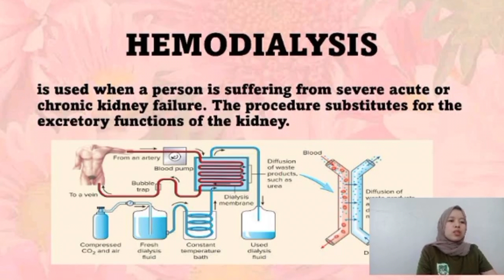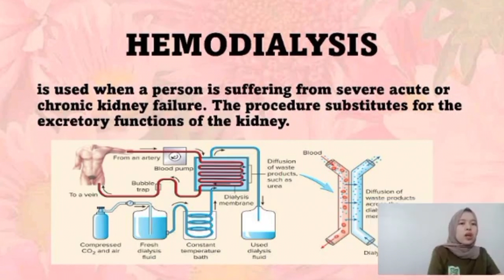Because these substances are present in the dialysis fluid at the same concentration found in normal blood. On the outside of the dialysis tube is a fluid called dialysis fluid, which contains the same concentration of solute as normal plasma except for the metabolic waste products.